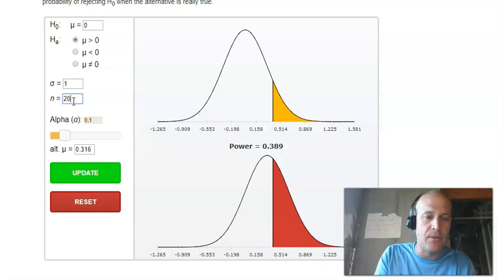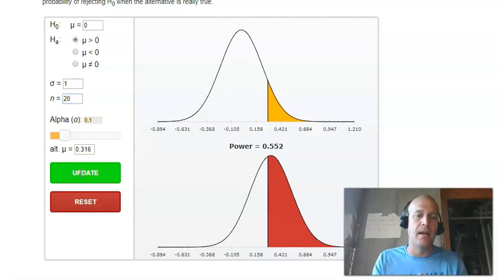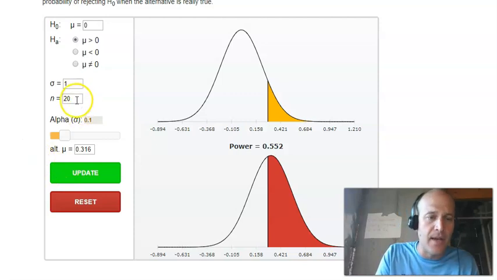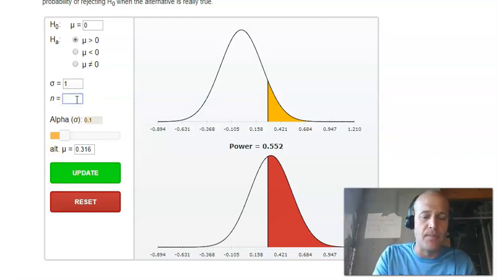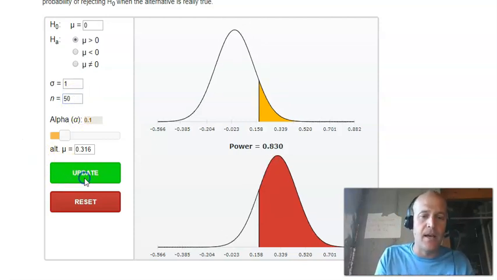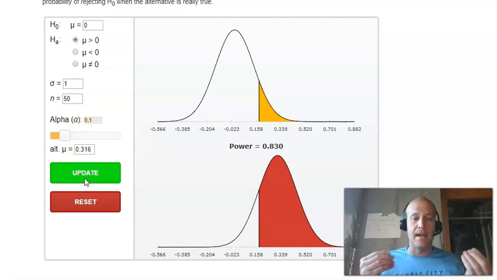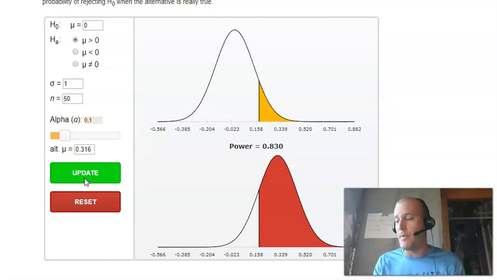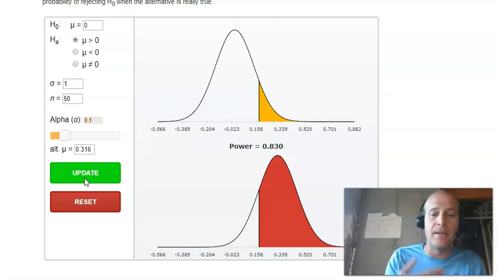If I increase that to a sample size of 20, you're going to recognize that your sampling distribution is more compact. That means that your power is going to increase. To be more dramatic, if I increase my sample size to 50, my power is a lot higher than before. So to increase power, you either increase the significance level or you can increase the sample size in your experiment.